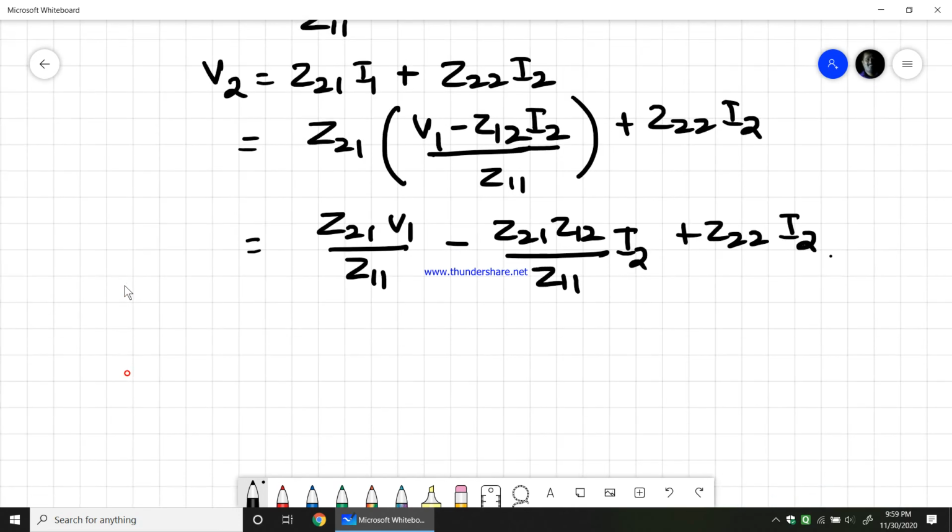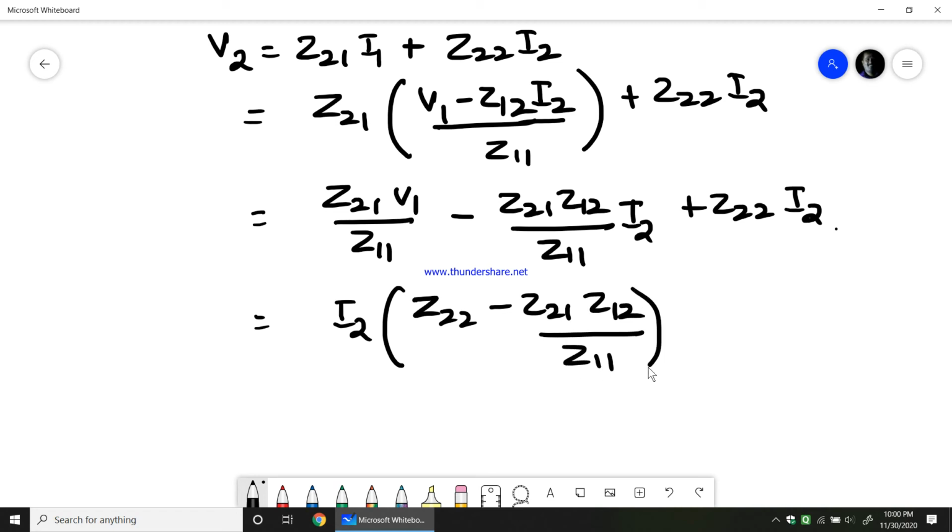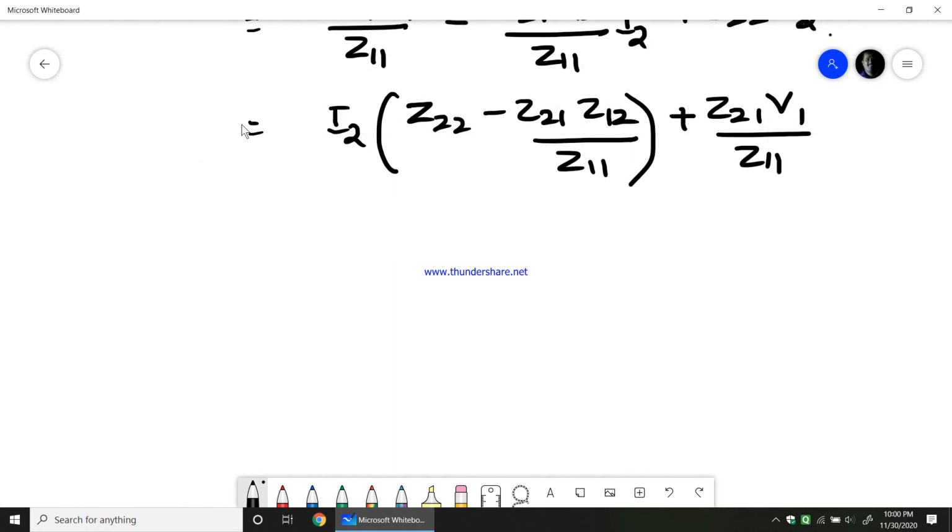If I take I2 common here, I get I2 times (Z22 minus Z21 Z12 by Z11), plus Z21 V1 by Z11, and this is equal to V2.